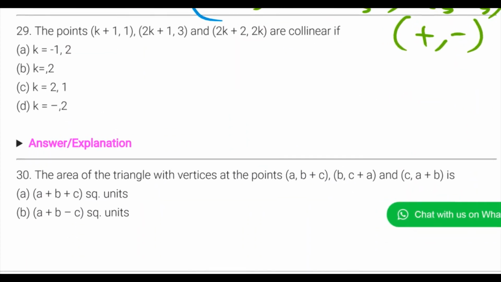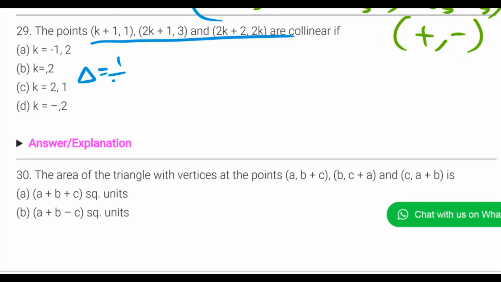Next question. The points are collinear if... So here we need to find the values of k. Given the 3 points are collinear, apply the area of triangle.